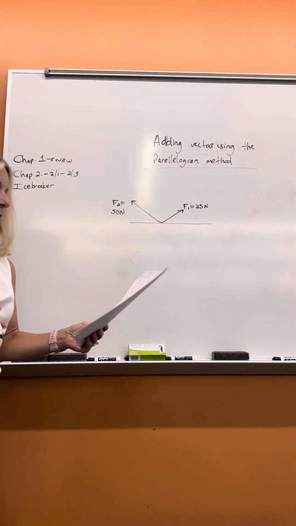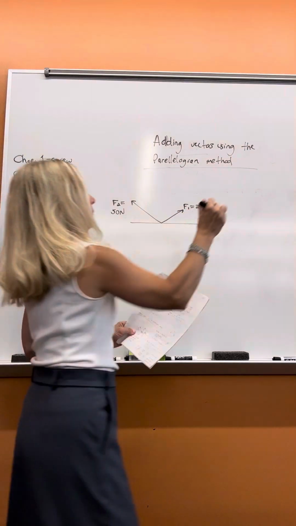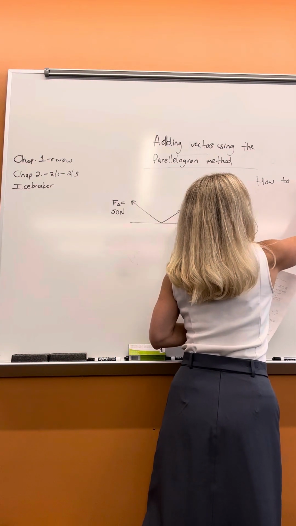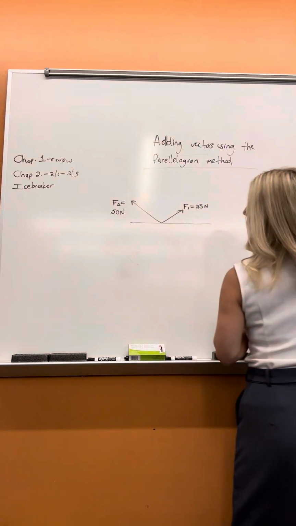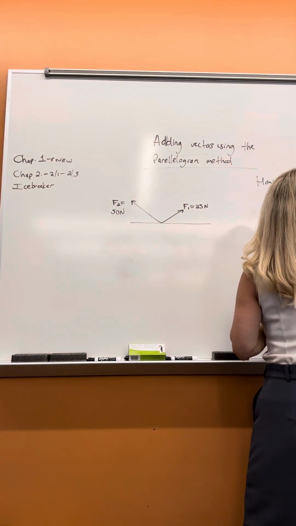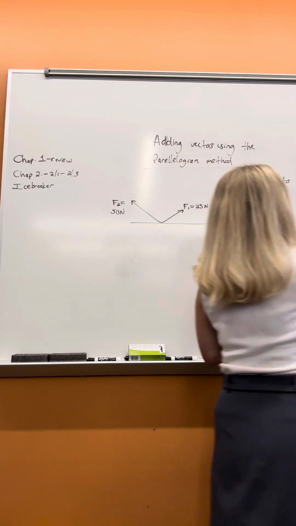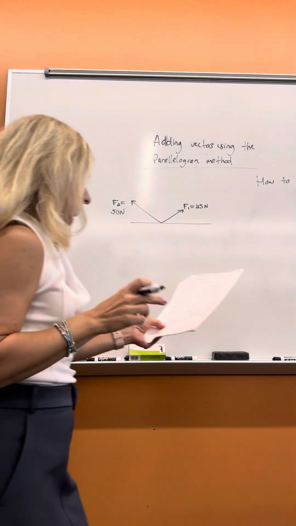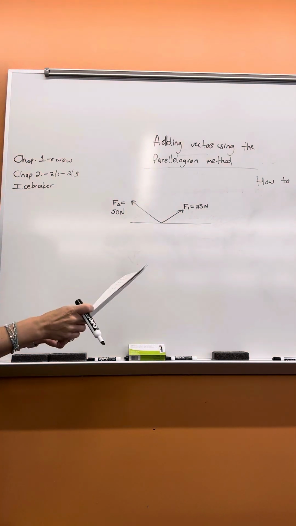And you're asked to find the resultant R. And again, this should be bolded because it's a sum of 2 individual forces, individual vectors.